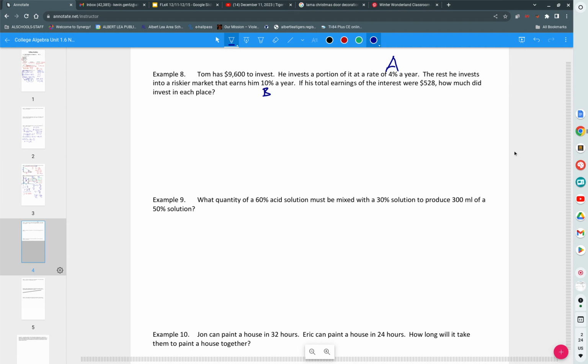Everybody agree that there are 2 unknowns here? 2 variables? If you have 2 variables, you need 2 equations. If you have 3 variables, you need 3 equations. 4 variables, you need 4 equations, and so on. So I have 2 variables, I need 2 equations. I'm going to write 1 equation for the total amount he invested and 1 for the amount of interest he got.